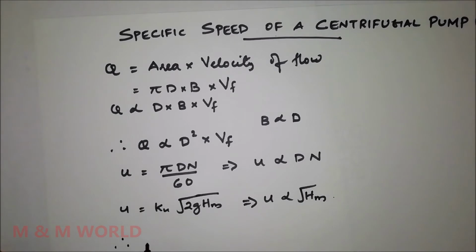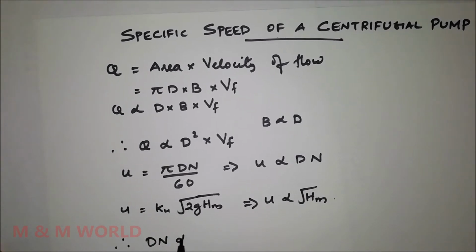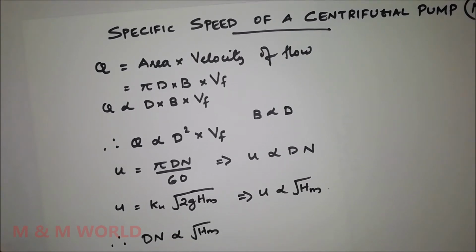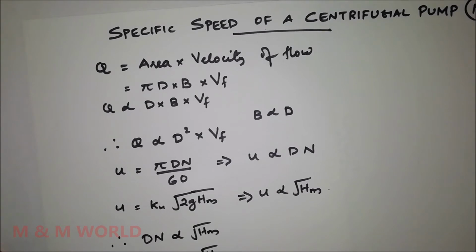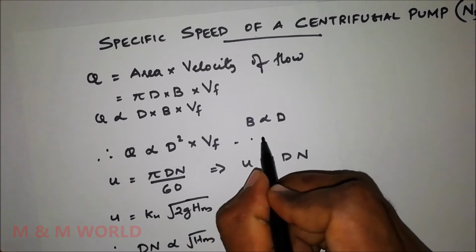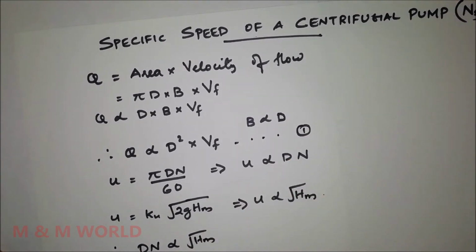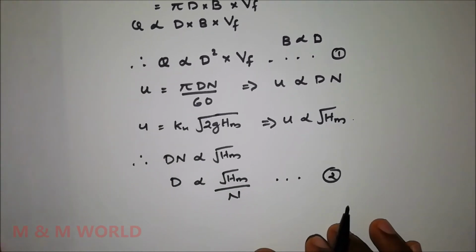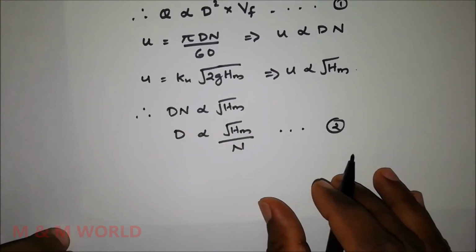Therefore dN is directly proportional to root of Hm. Therefore d is directly proportional to square root of Hm divided by N. Now mark this as equation number 1 and this as equation number 2. Substitute the value of equation number 2 in equation number 1.